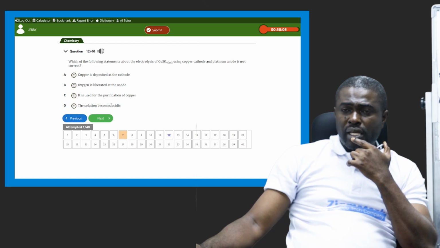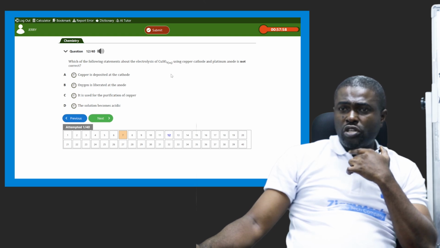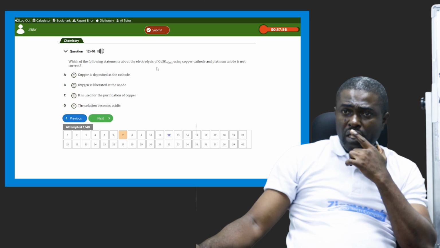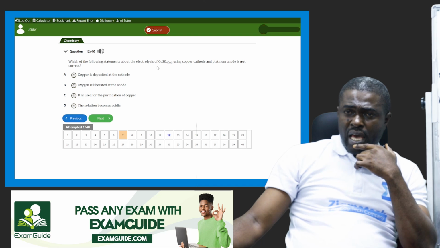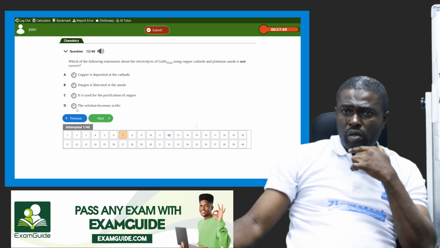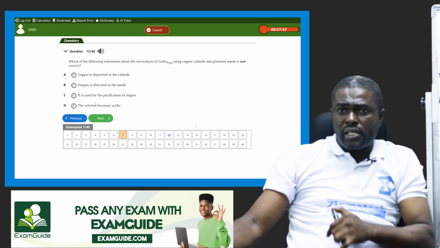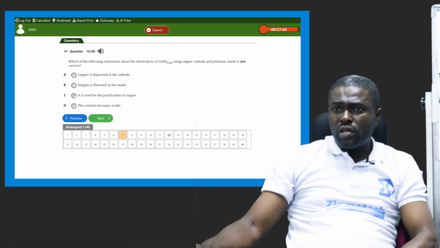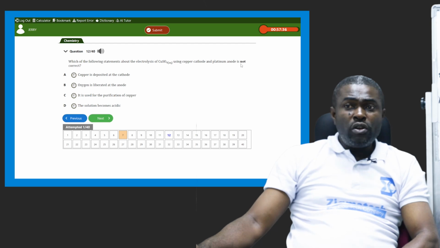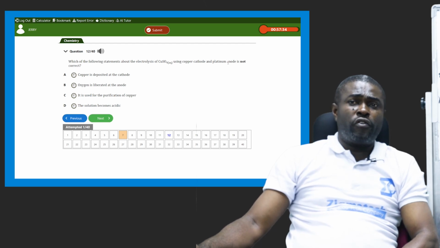The solution becomes acidic. Copper leaves while the hydrogen ion remains, and then OH leaves, so H2SO4 remains. Yes, the solution becomes acidic. So D is correct, B is correct, A is correct. The wrong option there is C. It cannot be used for purification of copper because the anode is not made up of copper.